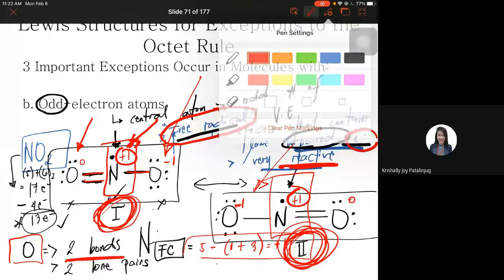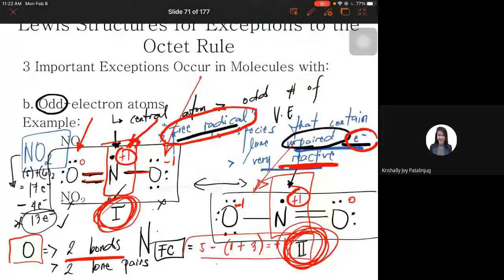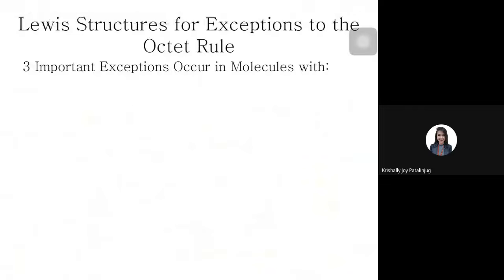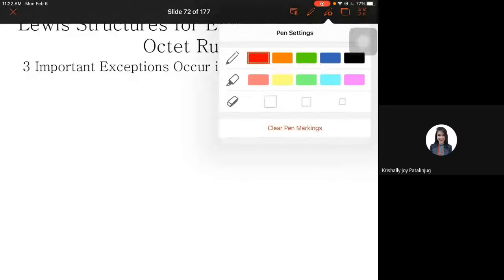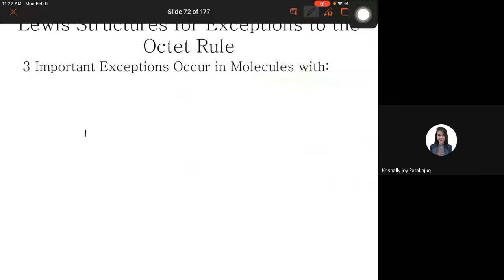So halimbawa, let me draw it here. So let's say, draw ko ulit ha yung in this orientation na lang. So sabi natin kanina, yung central nitrogen, meron siyang isang double bond towards oxygen and then another single bond naman to a separate oxygen. Then merong isang lone unpaired electron yung nitrogen.